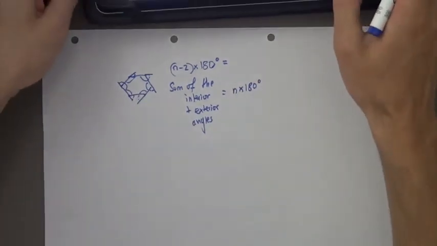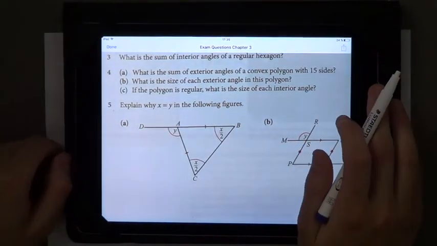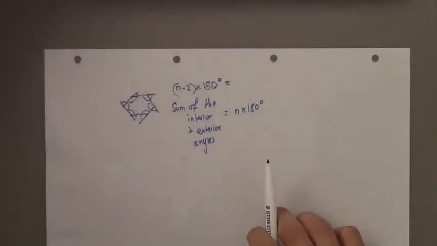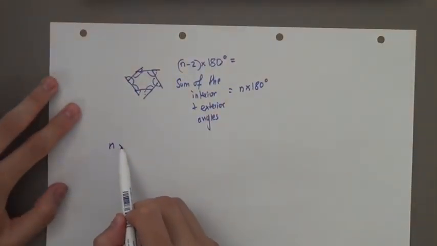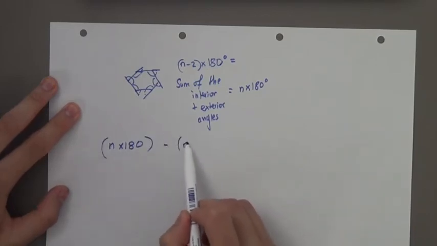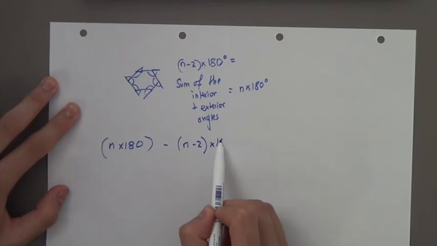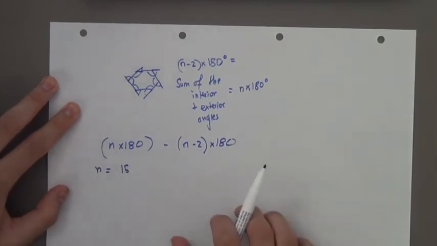So, our question says, what is the sum of the exterior angles of a polygon with 15 sides? What I'm going to do is n times 180 minus (n minus 2) times 180, and I'm going to substitute n equals 15.